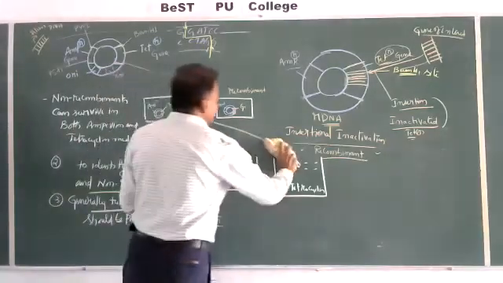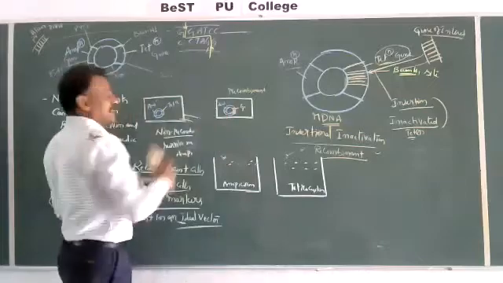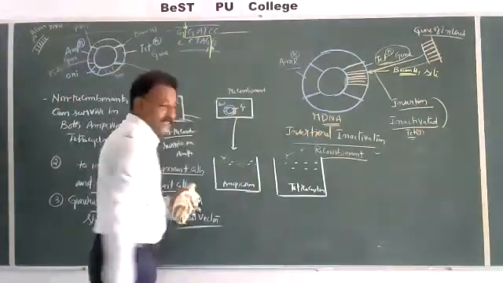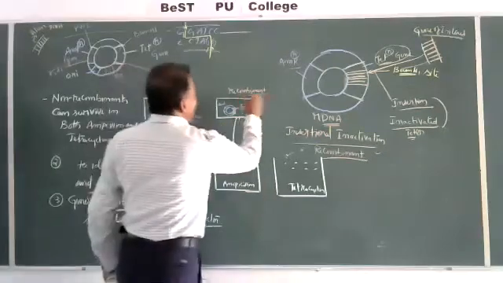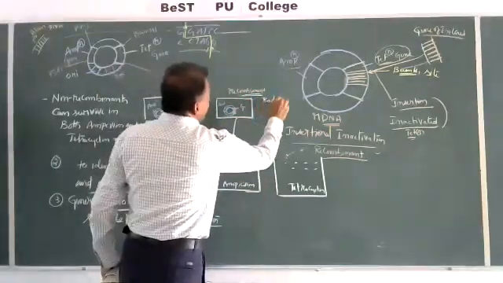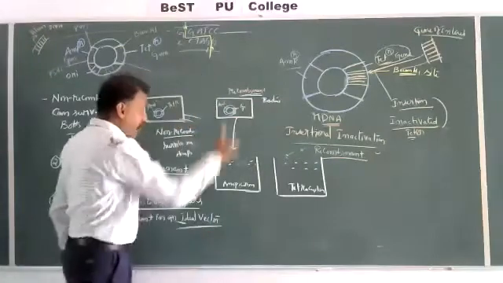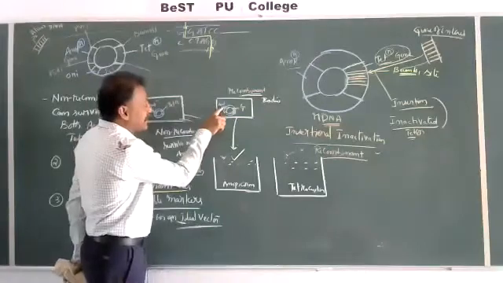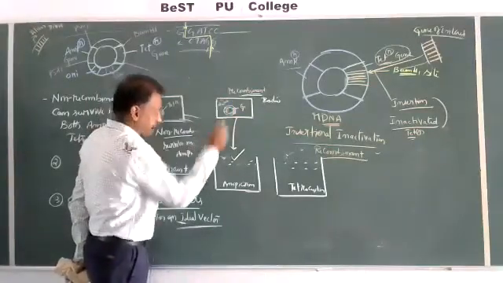Now second, a recombinant bacteria, when it is dropped in ampicillin medium, it will survive because it is having the ampicillin resistant gene.